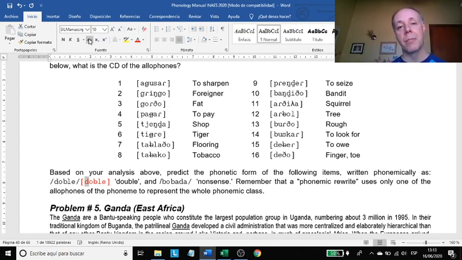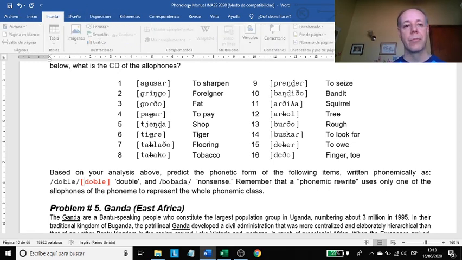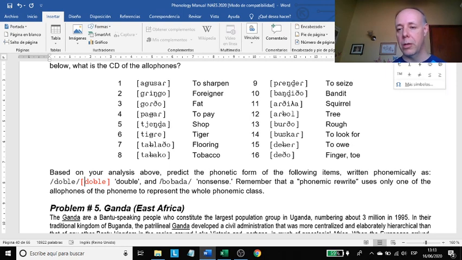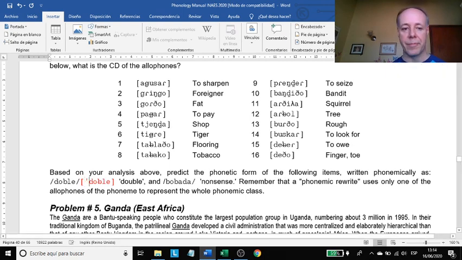So the ble part is soft and the do is strong. What about bobada? How should I write the phonetic transcription? In doble I need the stress mark. So I need to insert the stress mark symbol. There you go.